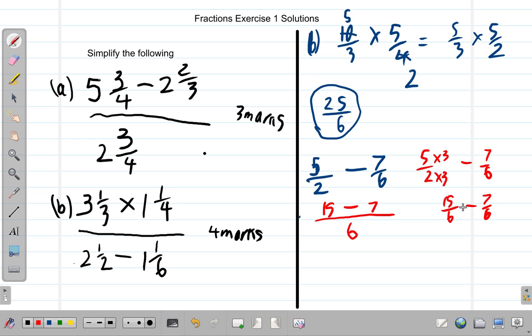Notice 15 sixths minus 7 sixths is the same as 15 minus 7, all over 6. So it's the same thing that you get, right? Just as an illustration there, but let's continue. 15 minus 7. What is 15 minus 7? It's 8. So it's 8 sixths, right?